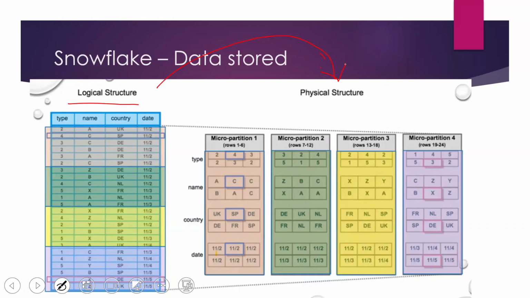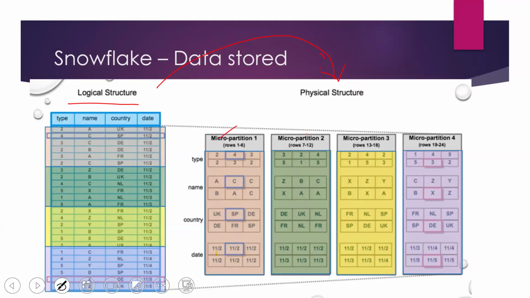It will create 4 micro partitions. In this example I am showing 4 micro partitions; in real time, depending upon the data size, it will automatically create the number of micro partitions, and the size will be automatic. For our example I showed 4, but it may be 2, it may be 10, depending upon our data size.